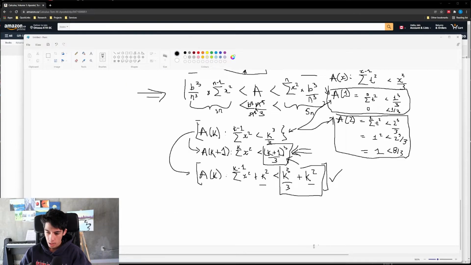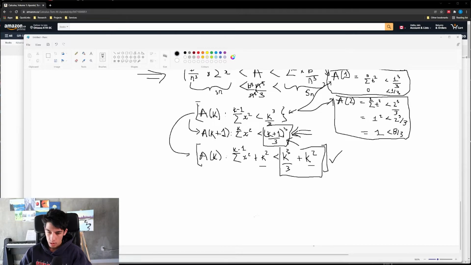So we can do that. Again, k cubed over 3 plus k squared is less than k plus 1 cubed over 3. So is this actually true?